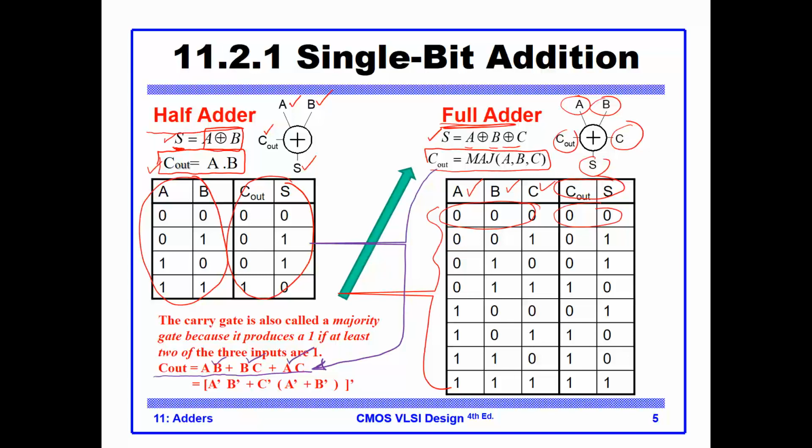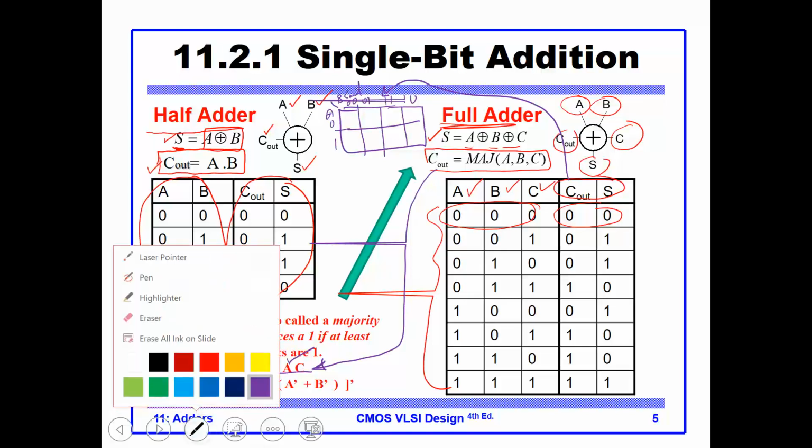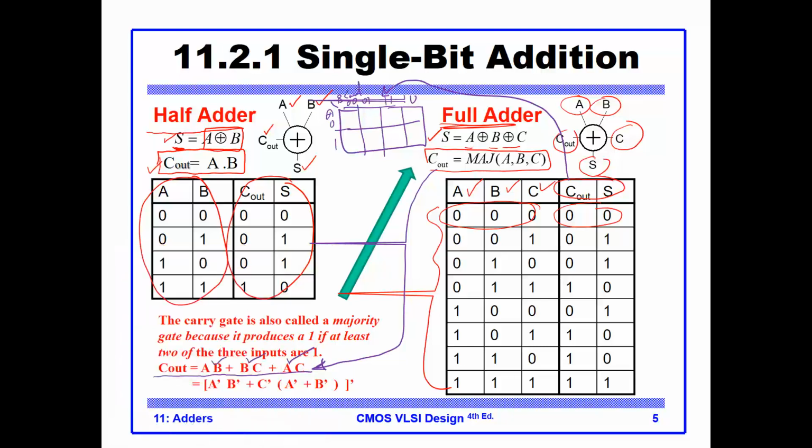Someone might ask, how is that from the K-map? If you draw the K-map for C out, with A as 0 and 1, and B C as 00, 01, 11, 10, you will see the ones placed here.